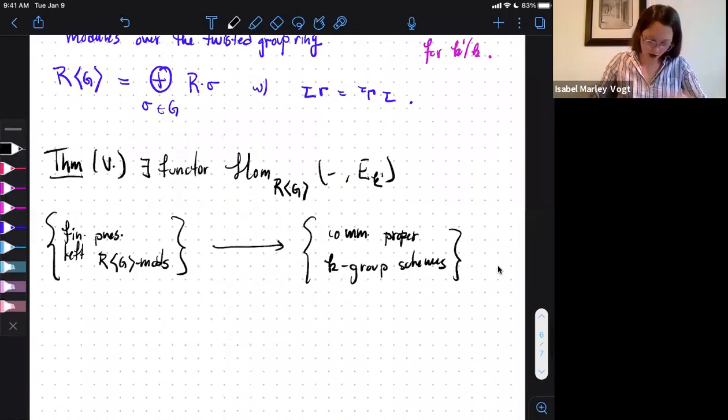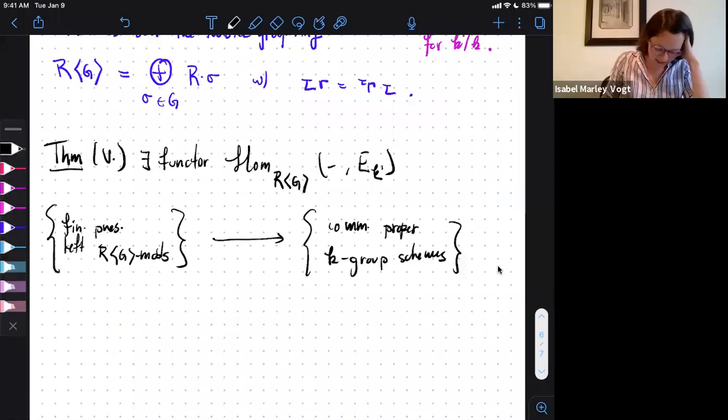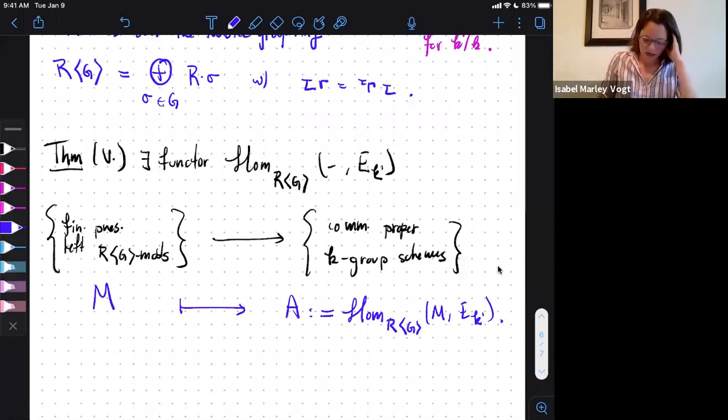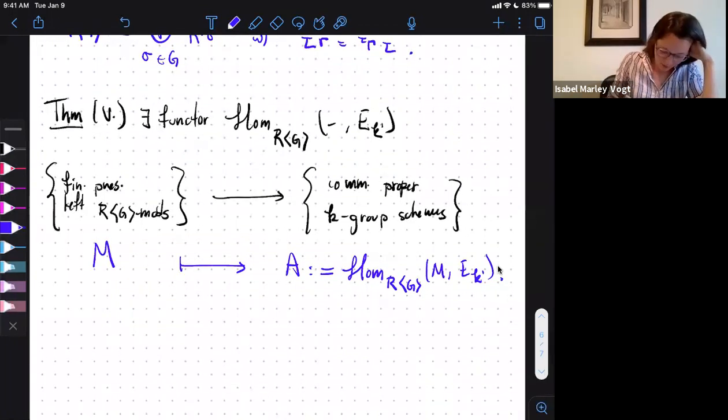And let me describe for you its functor of points. So if I have a module M, and I send this to A, which is this fancy Hom R angle bracket G, M, EK prime, I have to tell you what the T points of A are.